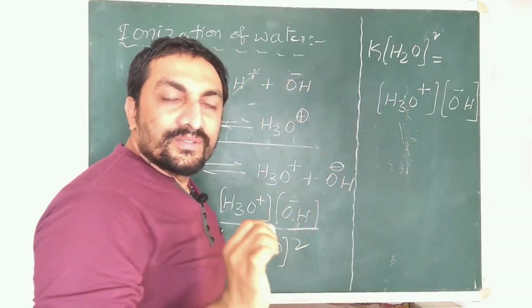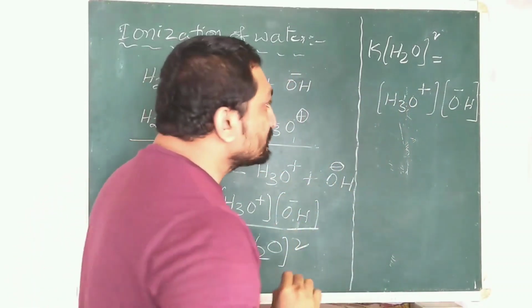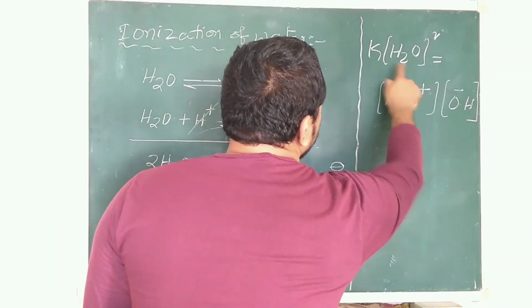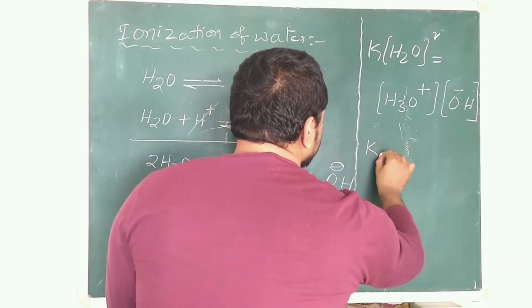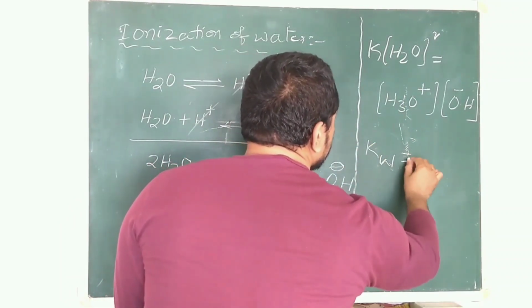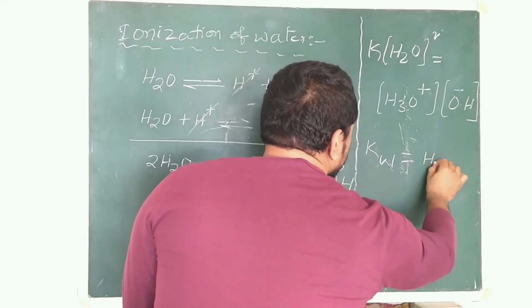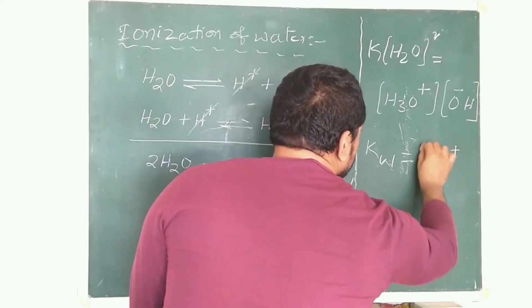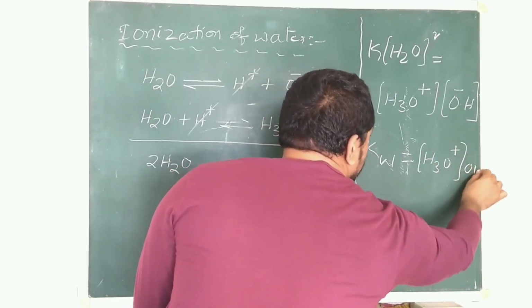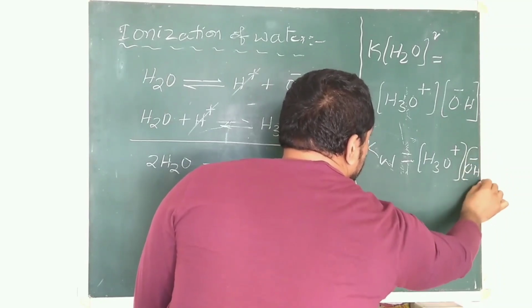Now H2O concentration is a constant, K is another constant. So the new constant Kw is equal to H3O plus concentration multiplied by OH minus concentration.